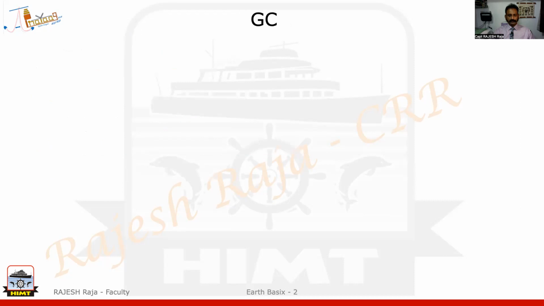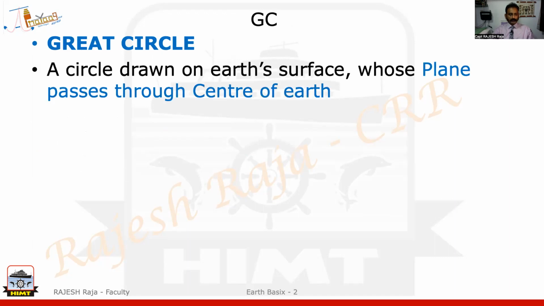Let us deal with a few new concepts or definitions also. The first one I'm going to talk about is a great circle, which I call GC. So we'll always be calling it GC. Let us look at what a great circle is. It is basically a circle drawn on the Earth's surface. I'm going to show you with an example, a piece of orange also.